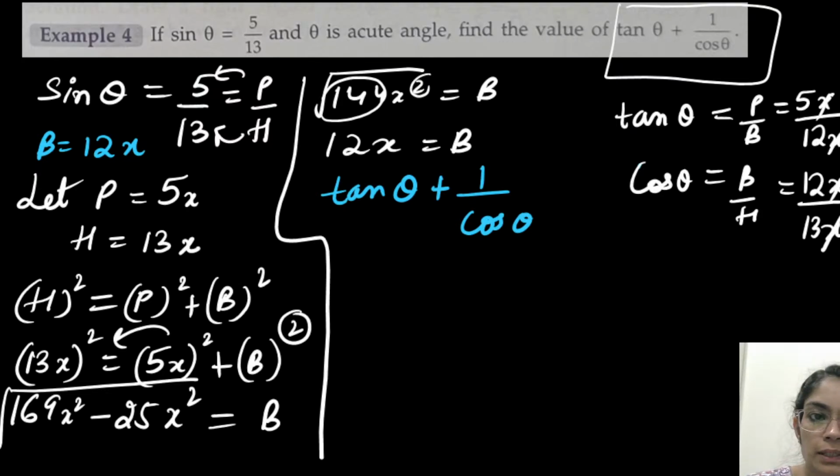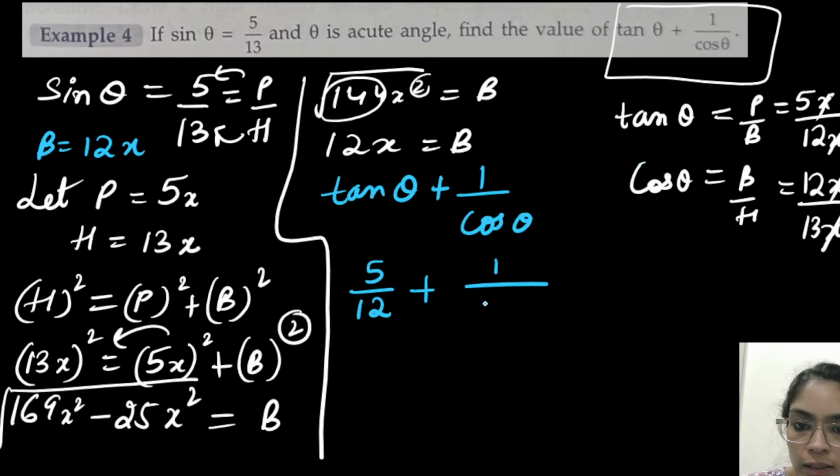So here let's substitute. Tan theta is 5 by 12. 5 by 12 plus 1 by cos theta. Cos theta's value is 12 by 13.